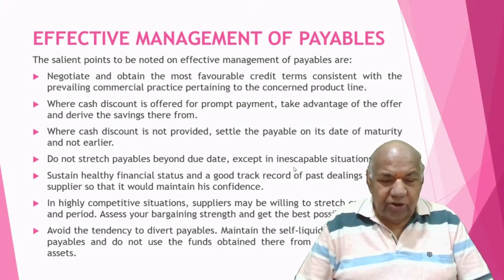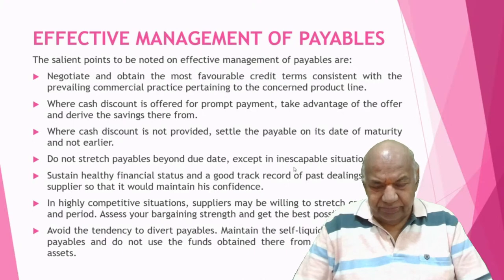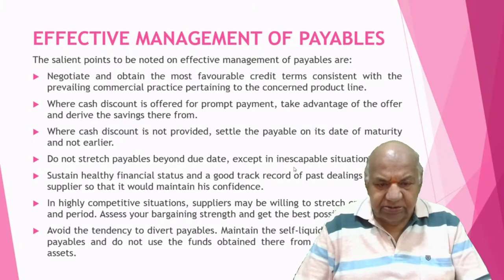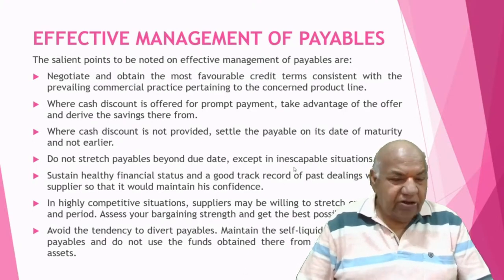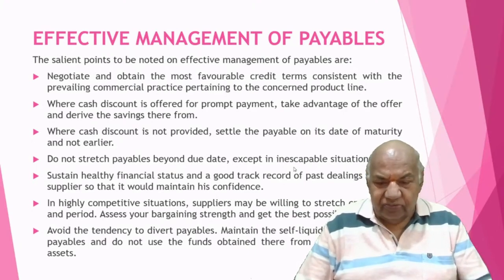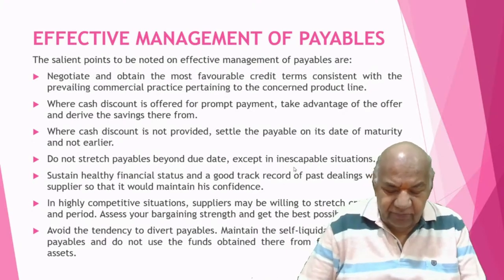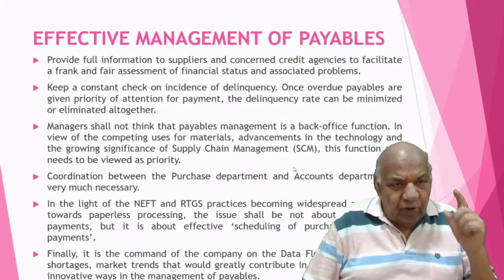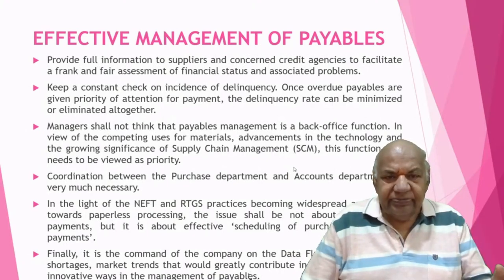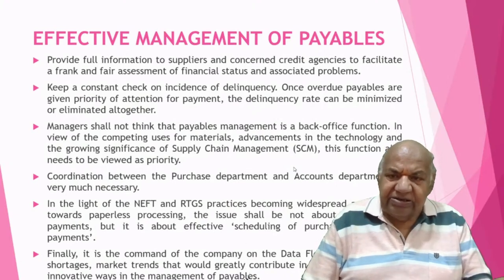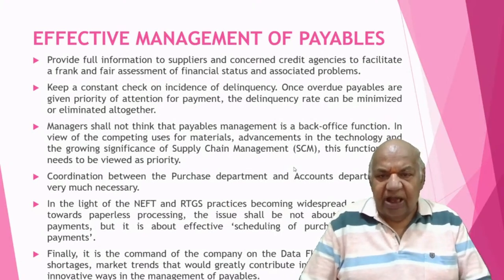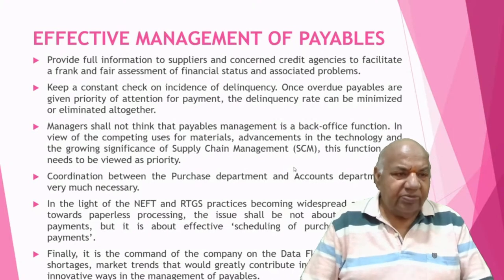Avoid the tendency to divert payables. Maintain the self-liquidating character of payables. And do not use the funds obtained therefrom for acquiring fixed assets. Provide full information to suppliers and concerned credit agencies to facilitate a frank and fair assessment of financial status and associated problems.